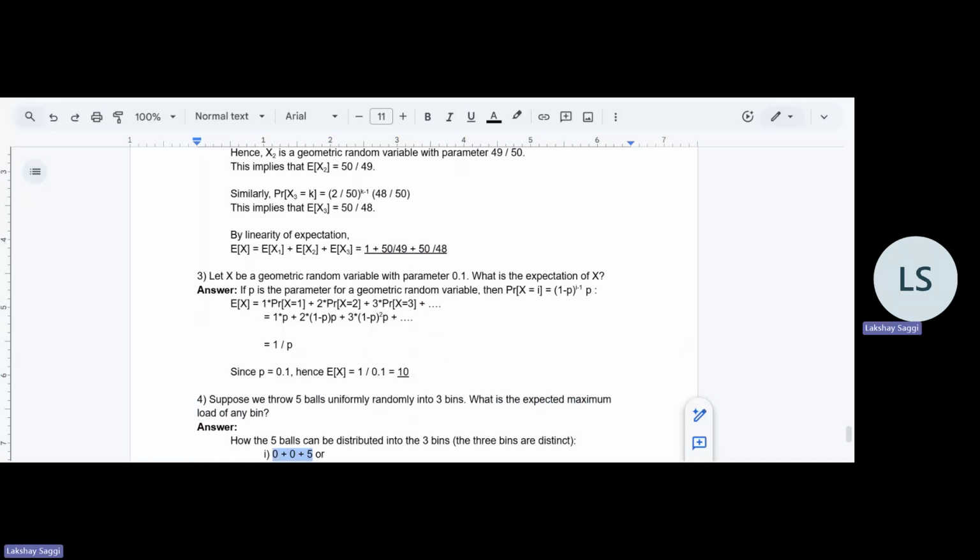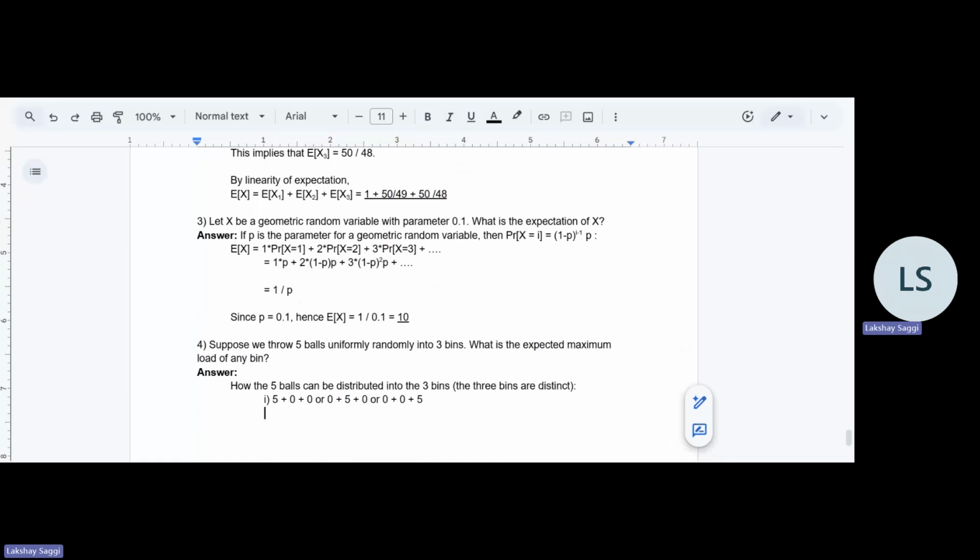Maybe it's better to write 5 plus 0 plus 0, or 0 plus 0 plus 5. So one of the bins has all the 5 balls, and no other bin has any balls. This is one way in which the balls can be distributed.